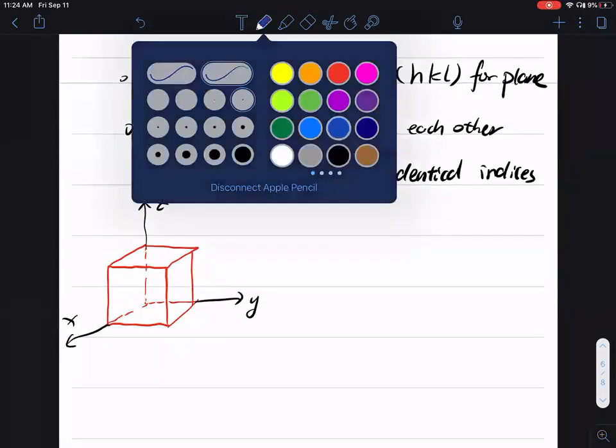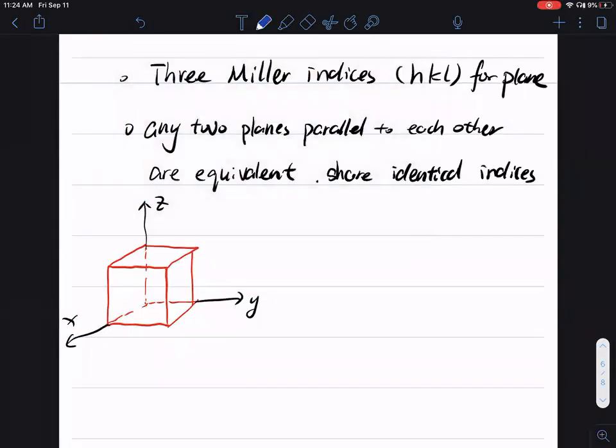Okay. Let me use a blue color to draw the plane we want to find the crystallographic indices for. That plane cuts about halfway from that outside edge and passes through the origin. Oh, this is a really bad angle. But can you see that? That's the plane that cuts through that unit cell.